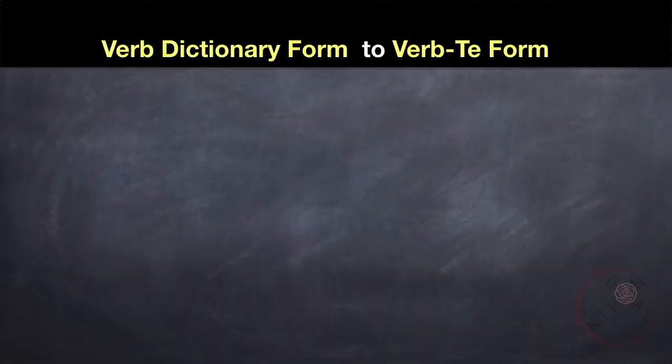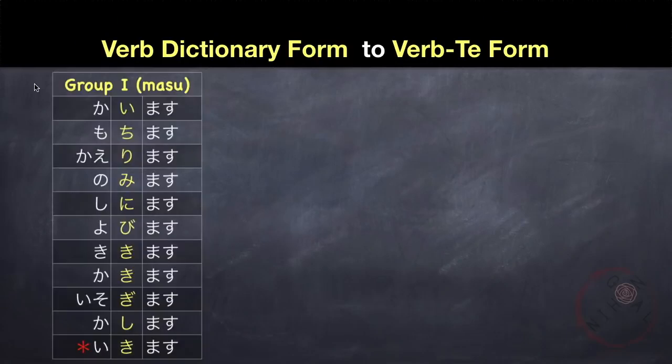Like I said, I will explain how to modify verbs from dictionary form to te form. First is group 1. Here we have the mas form of the verb. So first, let's change this to dictionary form.